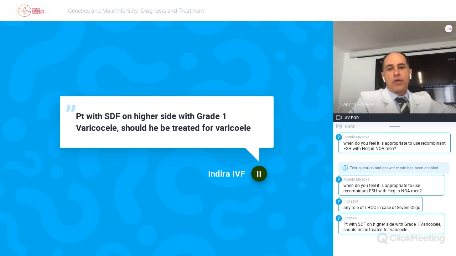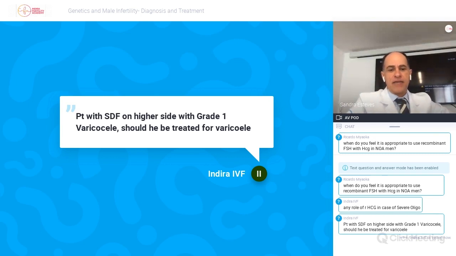So this is clinical varicocele. And in patients with grade 1 varicocele and high DNA fragmentation, we have evidence that the varicocelectomy will decrease sperm DNA fragmentation. The absolute decrease will be around 8 percentage points.